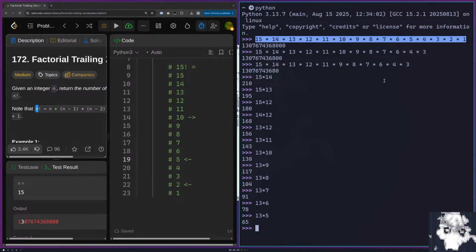Yeah, I guess the problem is I have to have a way to know which factors are going to be contributing, right?